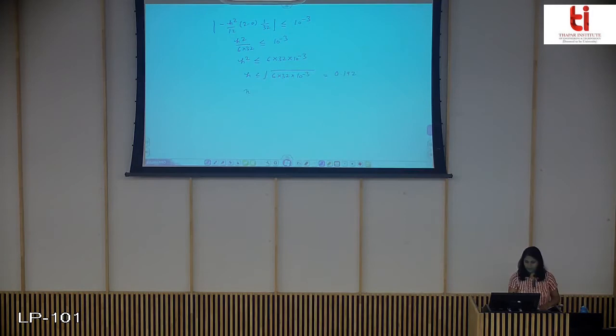Now compute the value of n, that is (b minus a) upon h. This is 2 upon 0.192, which is 10.42. Since n is an integer, we take n equal to 12.